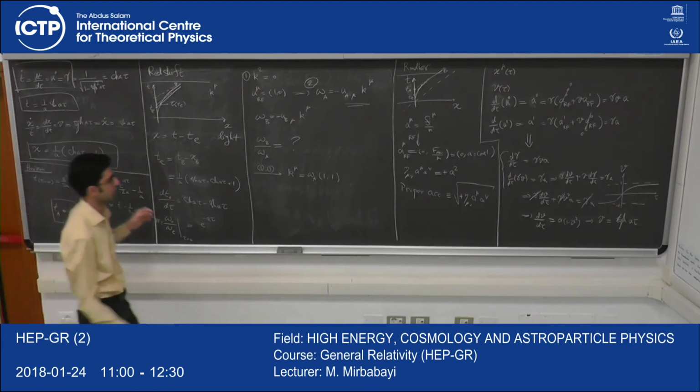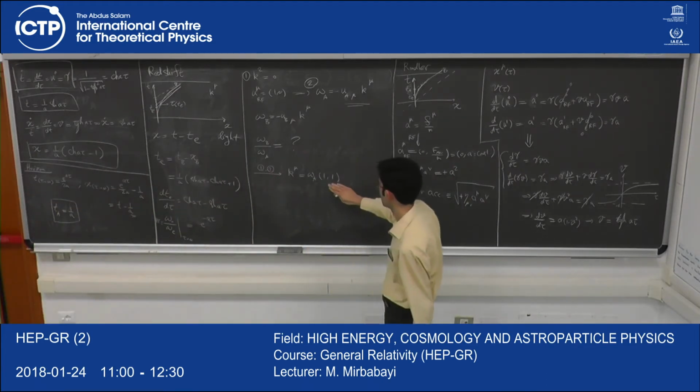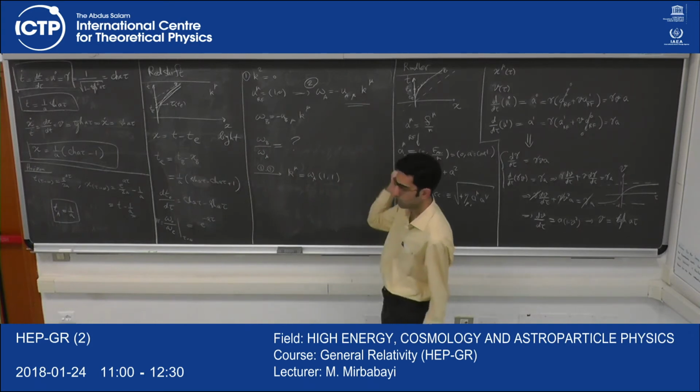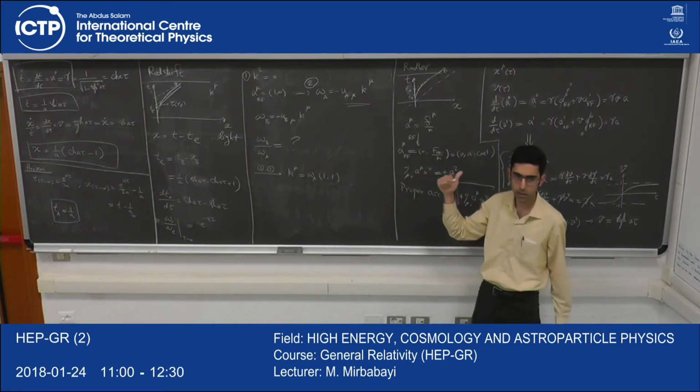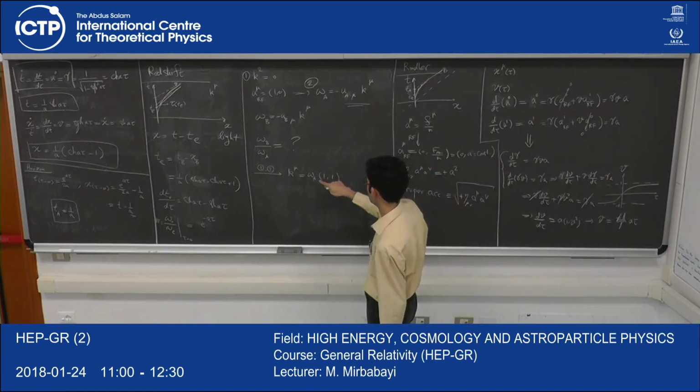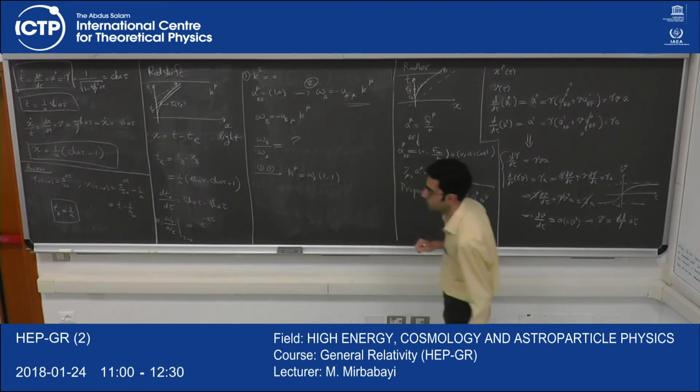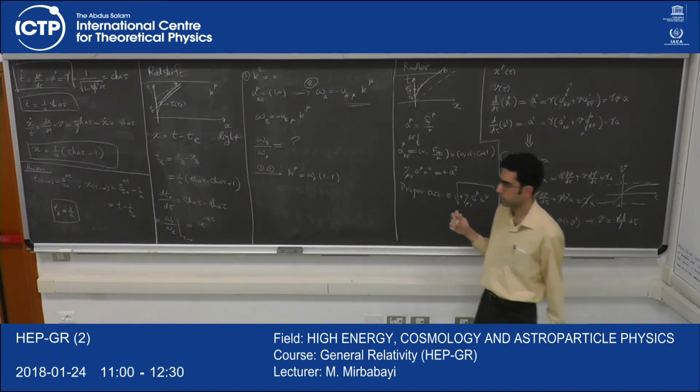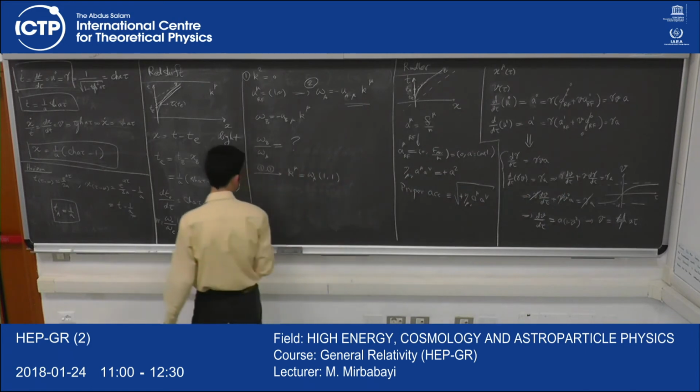Right? So it's a null vector which travels toward the positive x direction, and its zeroth component is omega_A, which is the correct value in the rest frame.